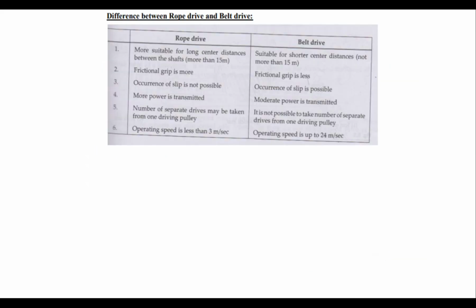What is the difference between rope and belt? Flat belt and rope belt. Rope belts are more suitable for long center distances between the shafts, more than 15 meters, but flat belts are suitable for shorter center distances, not more than 15 meters. In a rope drive, the frictional grip is more. In a flat belt, the frictional grip is less.